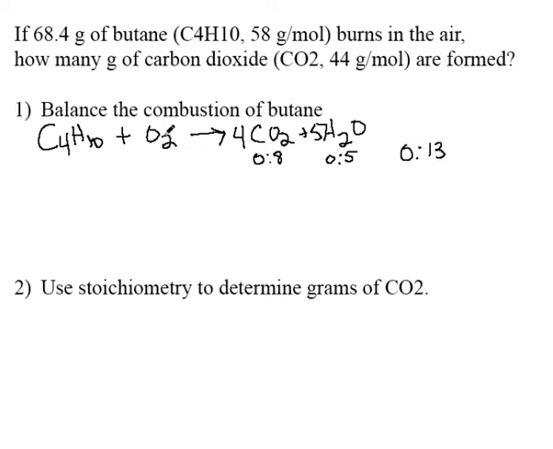If we look back at the reactants, our oxygen only comes as diatomic oxygen, which means it comes in 2s. There's no way to come in 2s and get to 13. Because we have to have an even number of oxygens in the reactants and an odd number in the products, we need to double everything so that it's even in both. So we're going to multiply the entire reaction by 2.